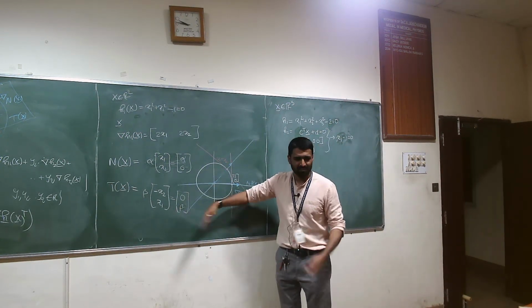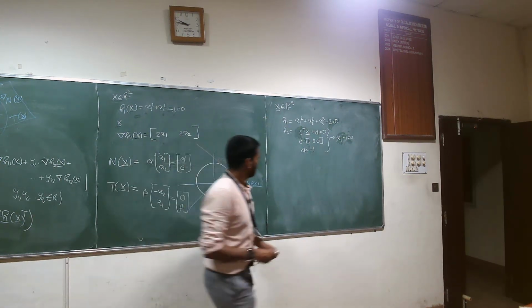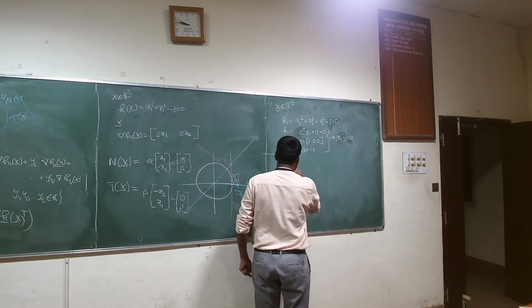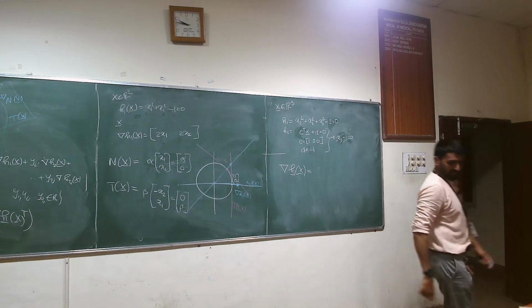For all of this, the first thing to do is the gradient. Let's do that. What is the gradient? Well, we have space here. What is the gradient matrix? Tell me what that is.